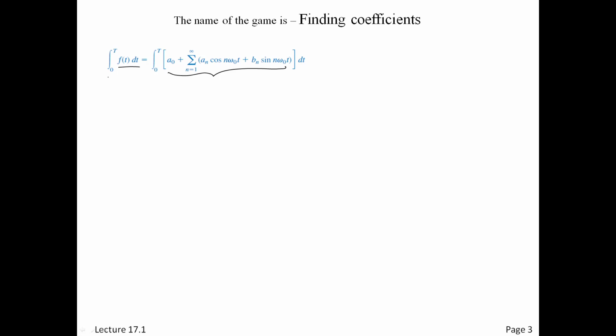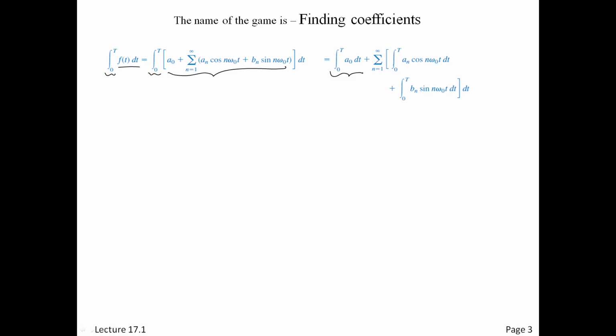If we take the integral of this over 1 period, this is now the new step. We're going to take the integral of both sides of the Fourier equation, and then break it up, just taking normal mathematical steps here. So we will have the integral of the constant A0 over 1 period, which ought to be pretty easy to come by.